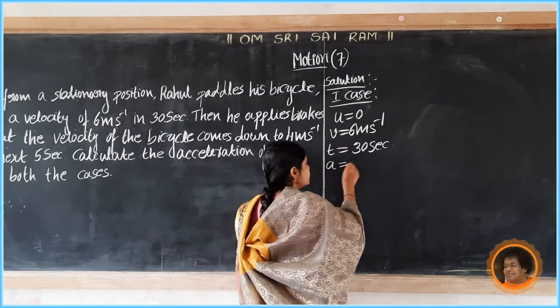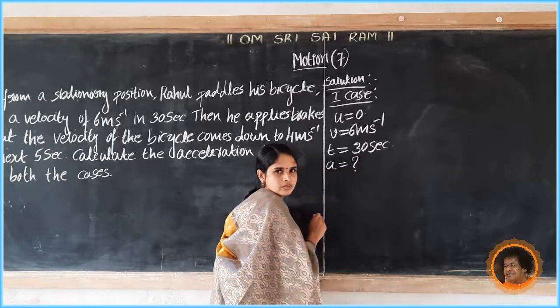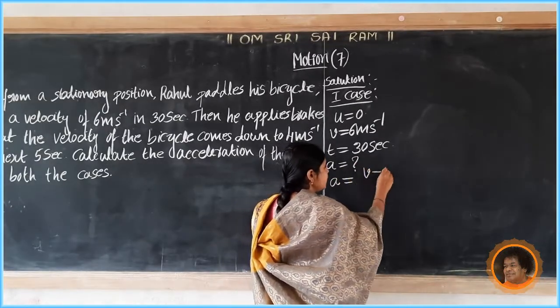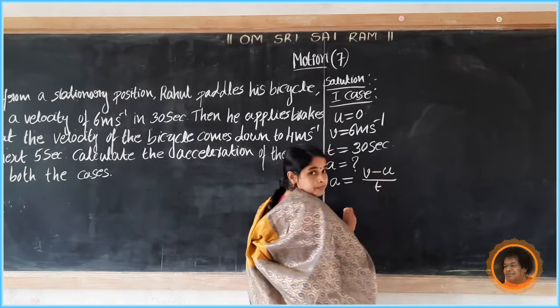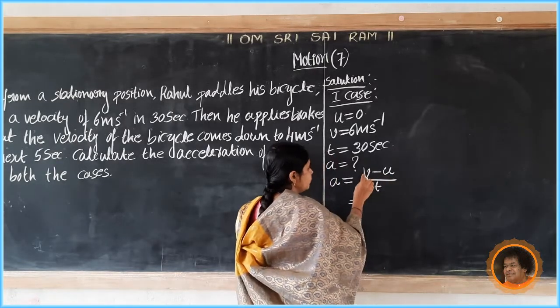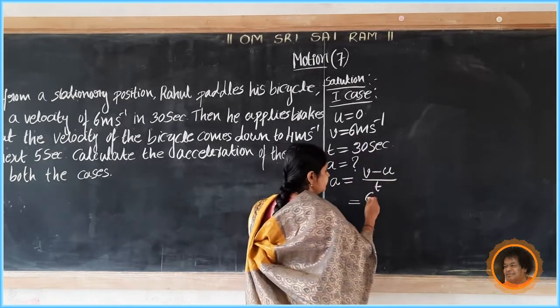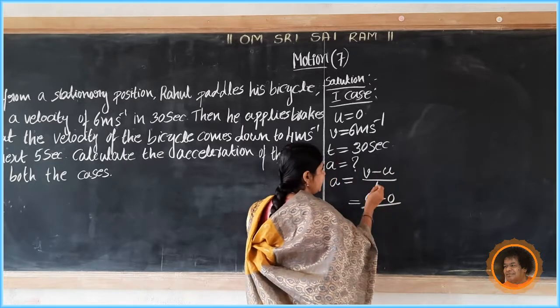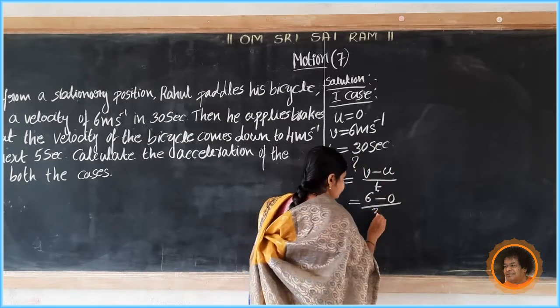So A equals how much? Formula: acceleration A equals V minus U divided by T, which is final velocity 6 minus U 0, divided by T 30 seconds.